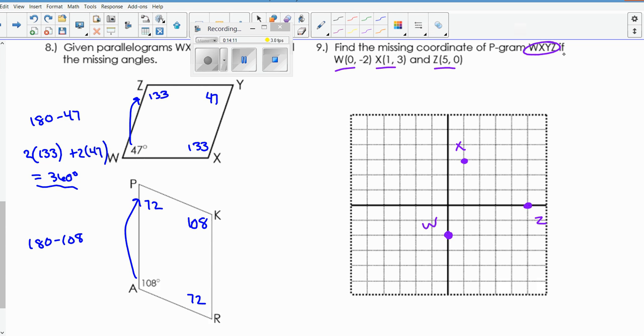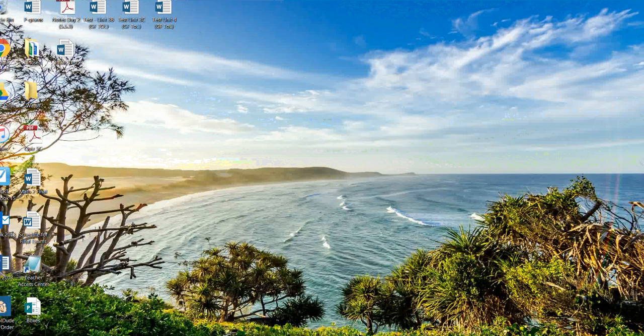So we're told WXYZ is our parallelogram. So WX, we're missing our Y coordinate. So if we're missing our Y coordinate, we go from W to X, and then we must go to something to Z to here, and we can kind of say that that's our figure.